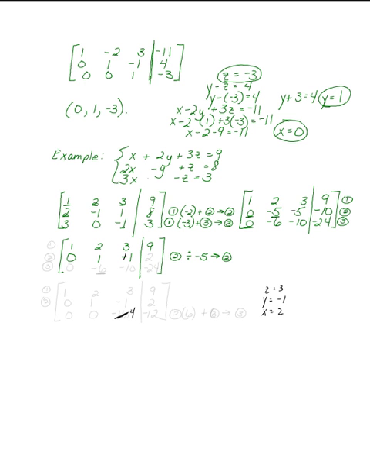And negative 10 divided by negative 5 is 2. And I'll write down my third row here. Okay, so next step is to get a 0 below that 1. So what we're going to do is, again, leave row 1 alone.